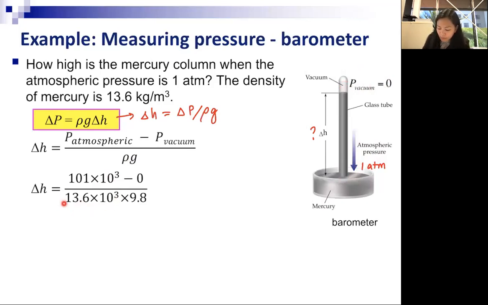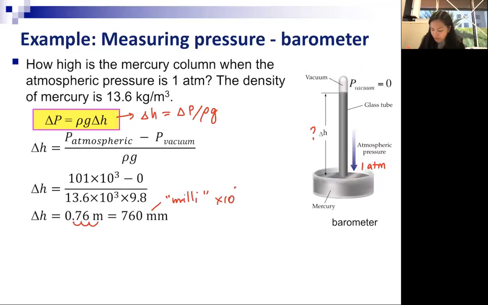Then divided by the density of the mercury, because it's the mercury that rises in the tube, times gravitational acceleration g, that gives us a height of 760 millimeters, or 0.76 meters.